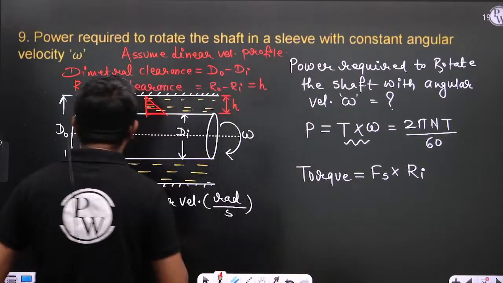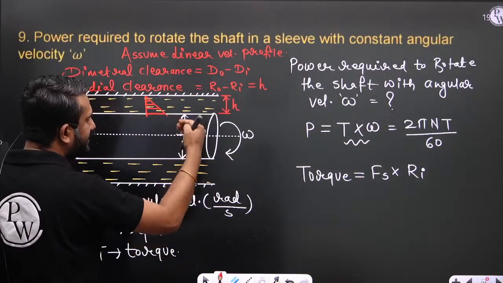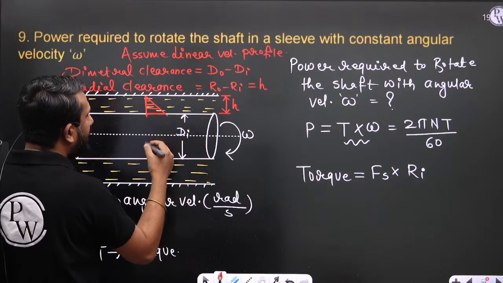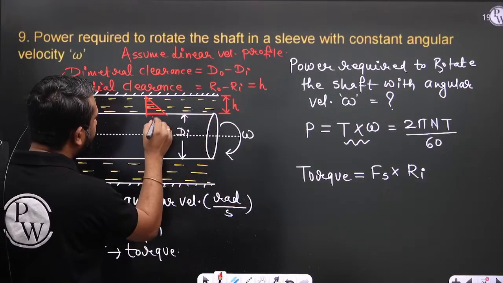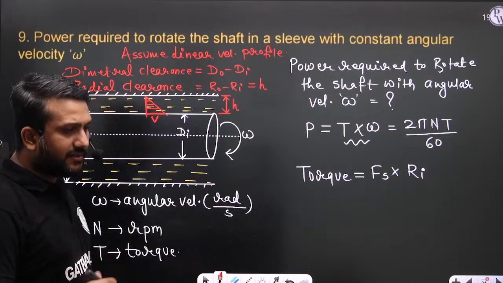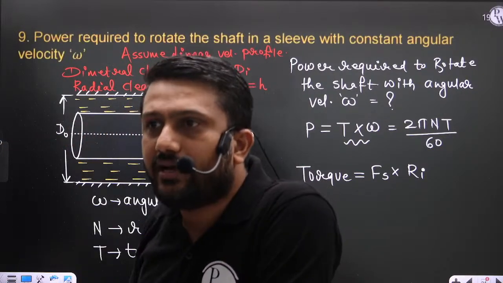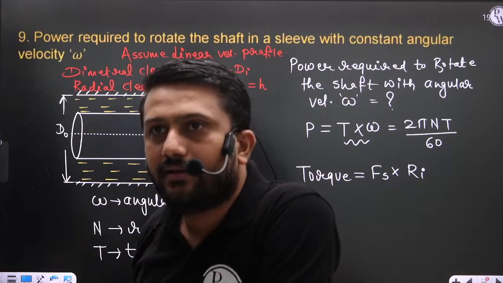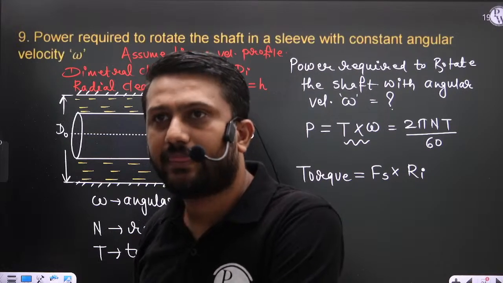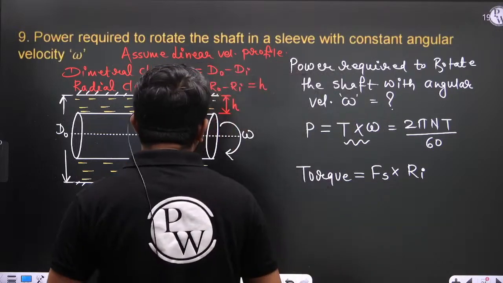Let us consider that at the surface of the shaft the linear velocity is v and the angular velocity is omega. What is the relation between them?